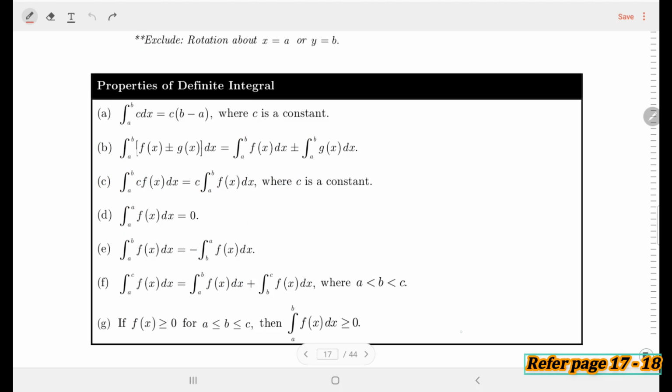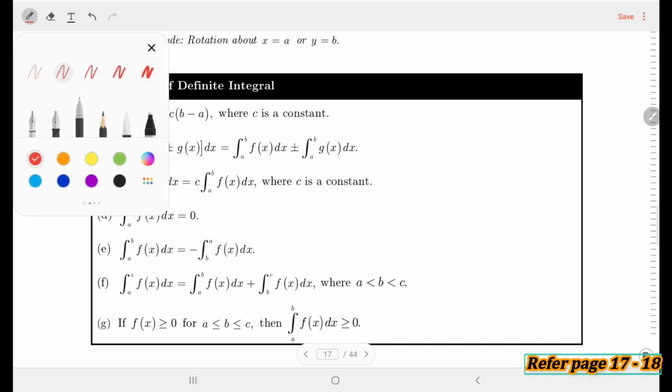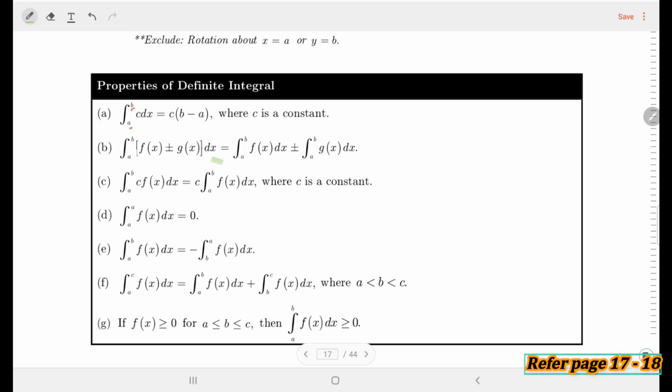Now we look at the properties of definite integrals. For A, we have lower limit a and upper limit b. C is a constant, so we just do c times (b minus a). For part B, we have two functions, f(x) and g(x).